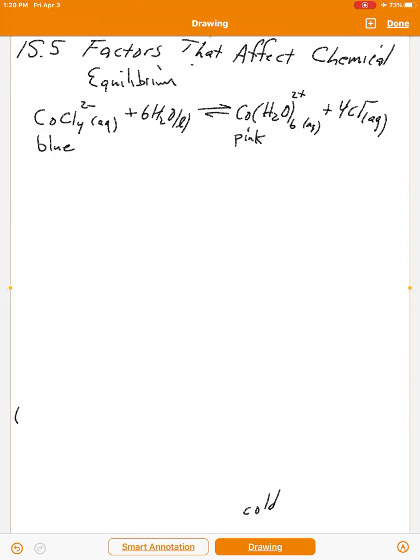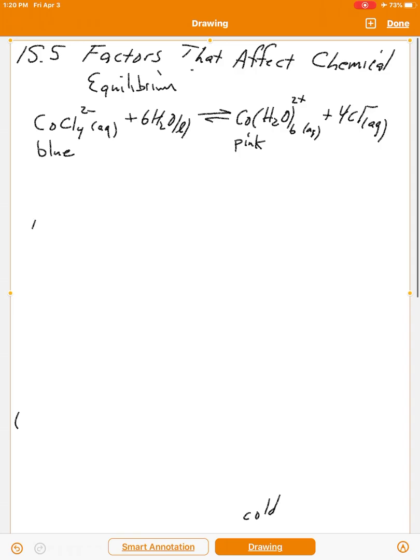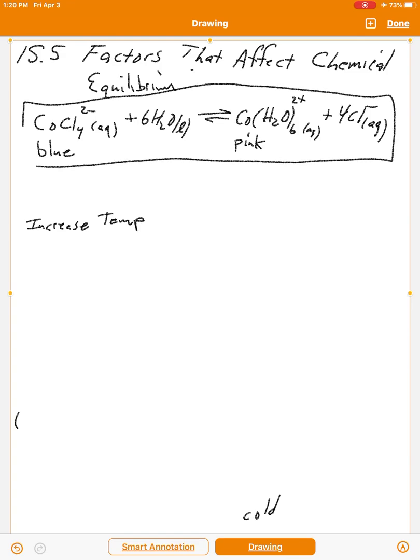So suppose we do the following. Suppose we increase the temperature. We have a mixture, this whole thing right here, all in water, in a test tube. And we increase the temperature, and it turns blue. Then we say, okay, let's see if it's reversible, and we go back and decrease the temperature.